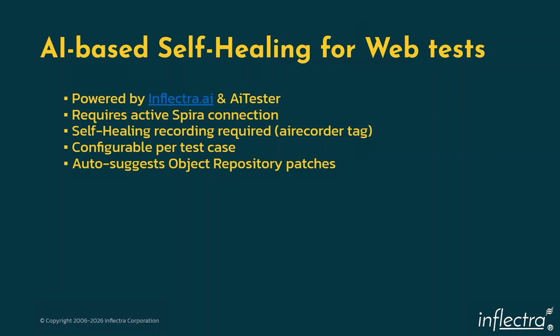You may configure self-healing per test case, and when you execute a test that utilized self-healing during execution, you will get a patch that you may apply to your object repository. Patch is a result of self-healing.